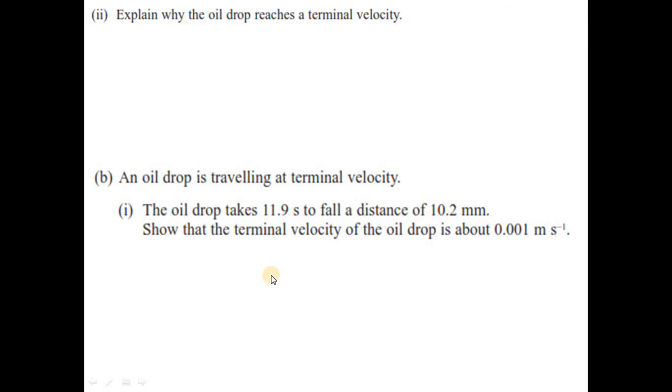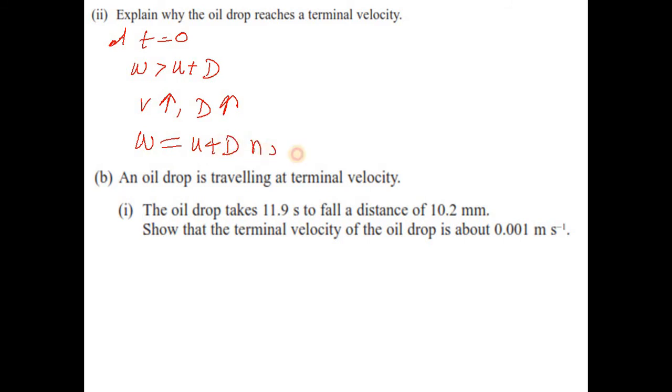Explain why the oil drop reaches the terminal velocity. So initially at t equal to 0, when the drop starts falling, W is greater than upthrust plus drag, and as velocity increases, the drag force also increases, and the time comes when weight equals upthrust plus drag, so no net force.